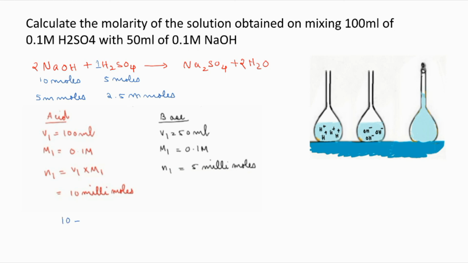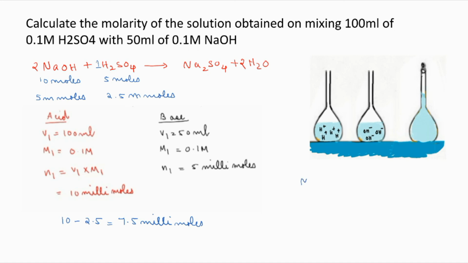Find out what will be the remaining amount of acid after neutralization. 10 minus 2.5, that will be equal to 7.5 millimoles. This will be the number of moles of the acid present in the resulting solution. They are asking you to calculate the molarity of that solution.